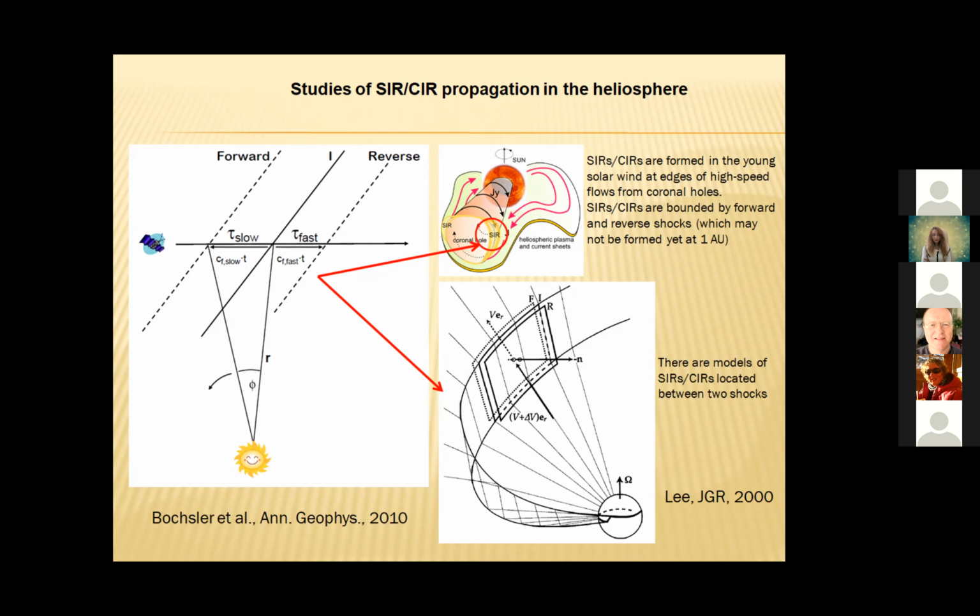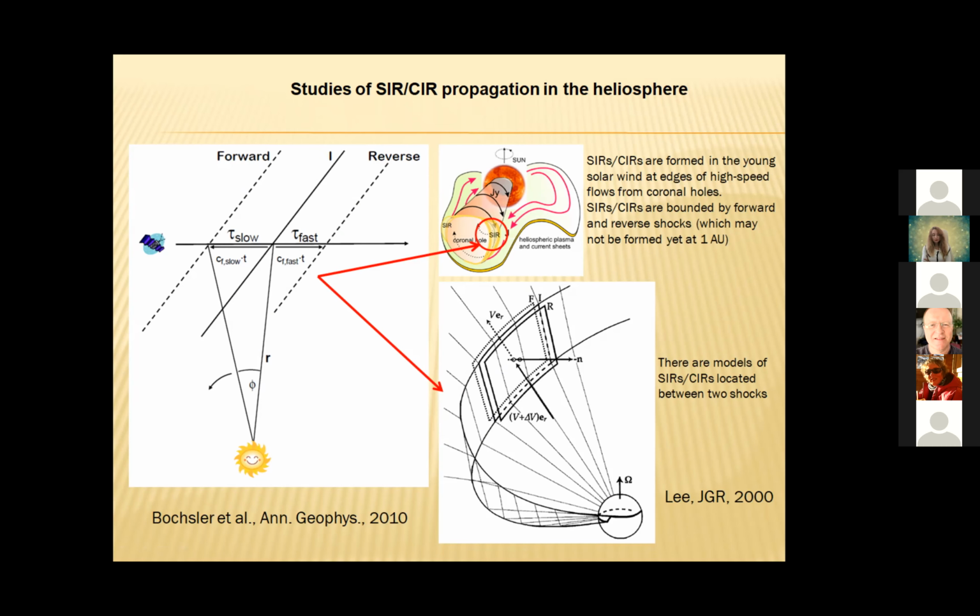And earlier, the rotation speed of stream interaction regions has been estimated from the difference of the moments of crossings of the direct and return shock waves. It may differ from the average rotational speed at large spatial scales. You can see some examples of illustrations from such works.